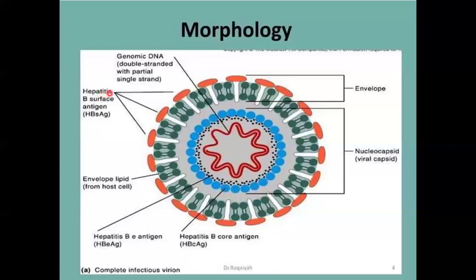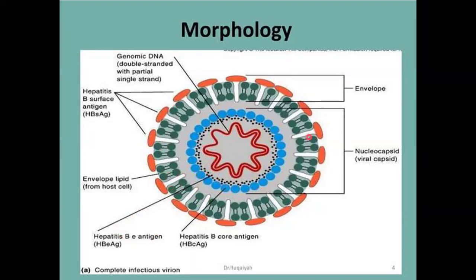We have hepatitis B surface antigen, these ones. Then we have hepatitis B C antigen, which is the core antigen, this one, where the capsid is. And then we have hepatitis B E antigen, these ones that are floating, the ones in black.